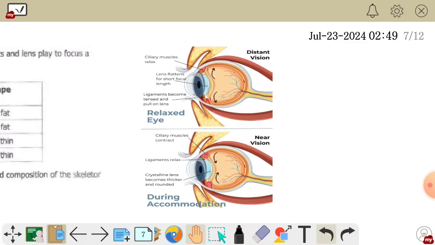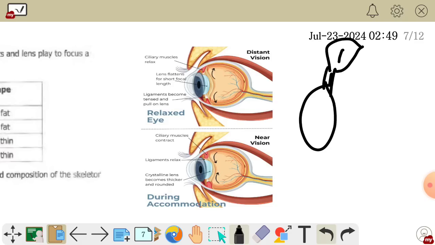As we can see in this diagram here, when you are seeing a distant object, the ciliary muscle, which is that muscle there which holds the lens, is going to relax. Then we have the lens, the suspensory ligaments, and the ciliary muscle on that side.